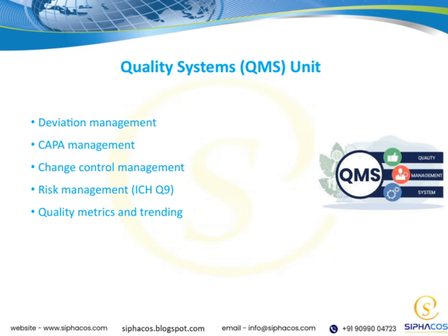This approach allows us to proactively evaluate potential risks, prioritize them, and implement mitigation strategies, which ultimately helps us make informed decisions and protect product integrity. Finally, monitoring quality metrics and trending gives us valuable insights into our processes over time. By analyzing these data points, we can spot patterns, identify areas for improvement, and ensure our quality system remains robust.